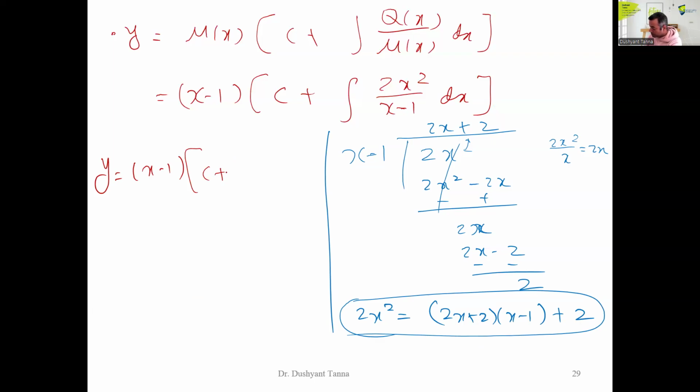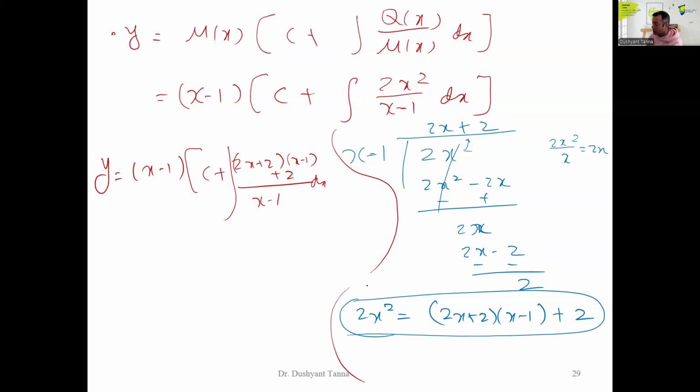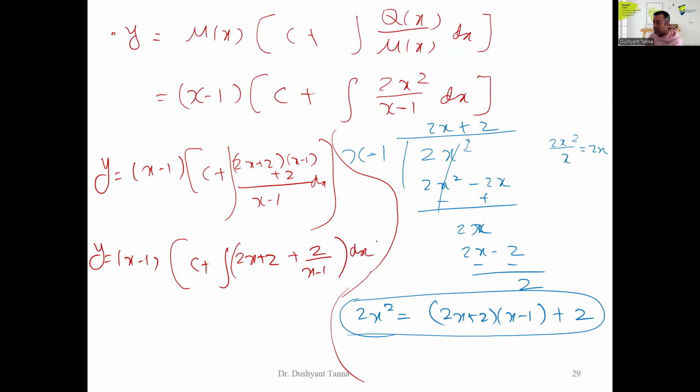We get 2x plus 2, split out. So the integration of 2x plus 2 plus 2 over x minus 1 dx. Yeah, splitting the numerator, and then it is a comparatively easy integration.